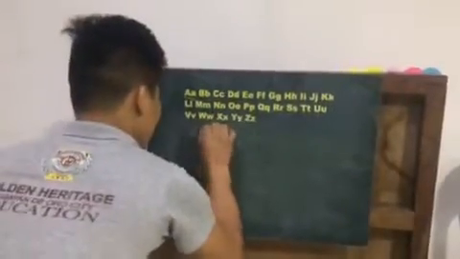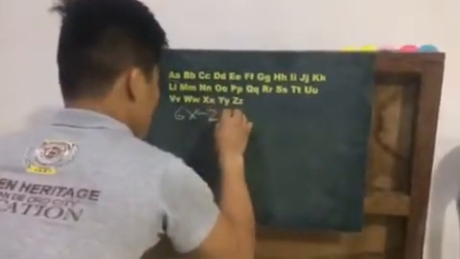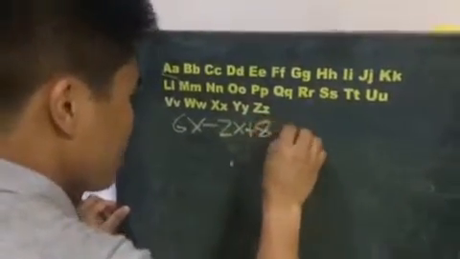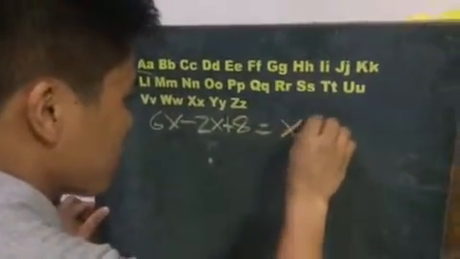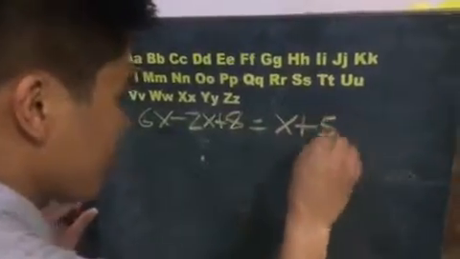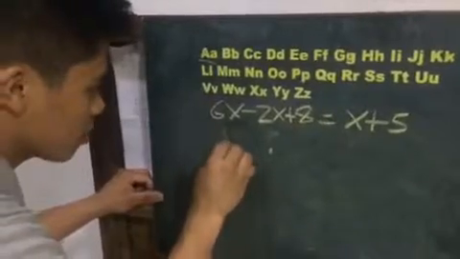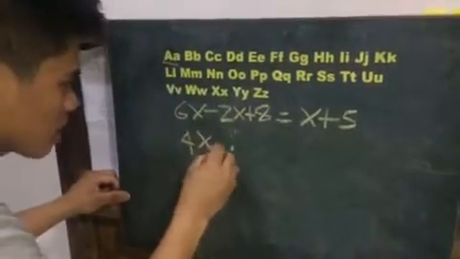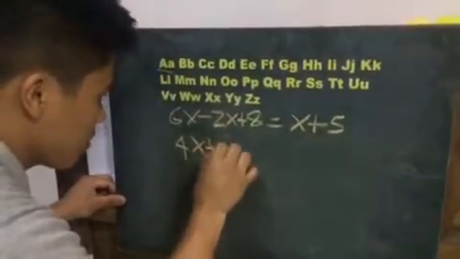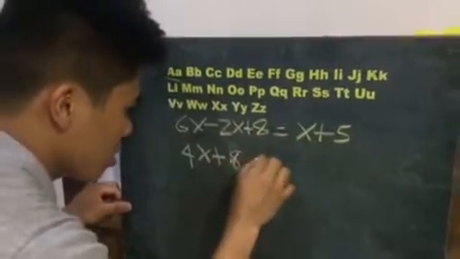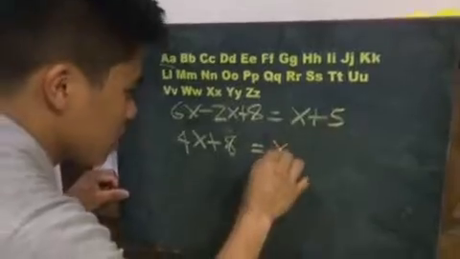Our next equation is 6x minus 2x plus 8 equals x plus 5. Now, we combine like terms. 6x minus 2x is equal to 4x, plus 8 equals x plus 5.